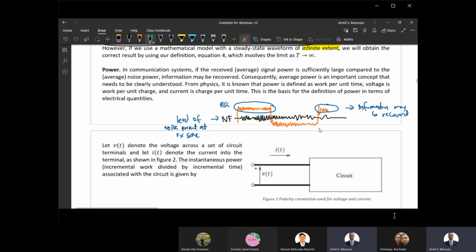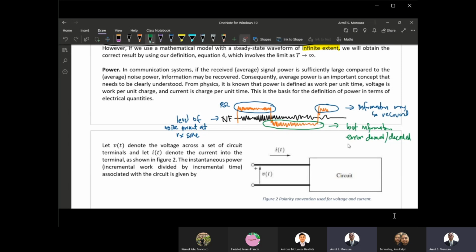Whereas if it is below the noise floor, this now represents lost information, which will turn out as error later when your signal is demodulated and decoded. It gets lost because the noise power is higher than the signal power.